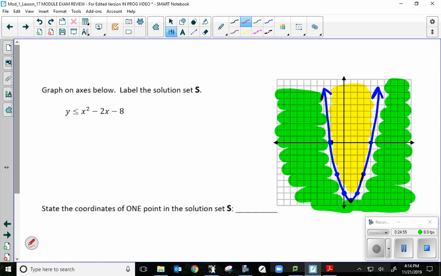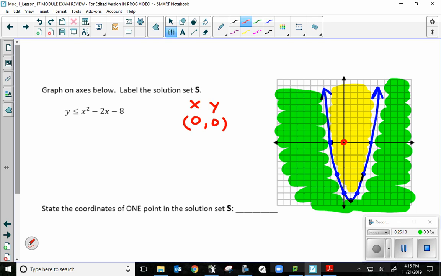The easiest point to test, okay, I don't want to pick a point on the line. The easiest point to test, and it just so happens the origin is not on the line. The origin has coordinates of 0, 0.